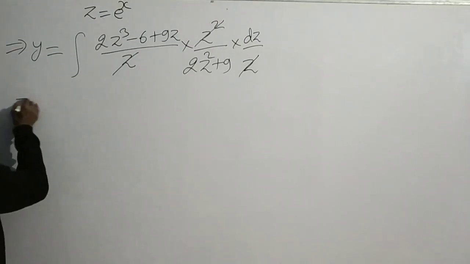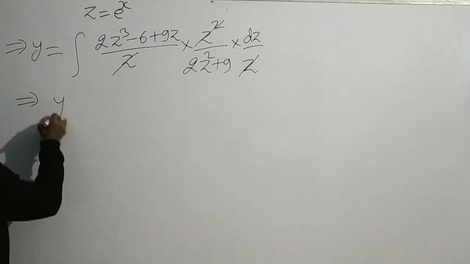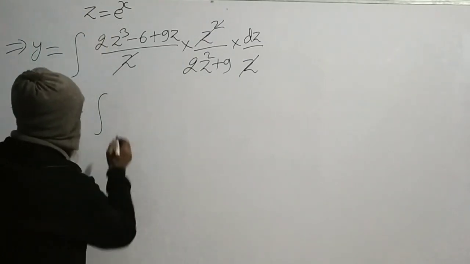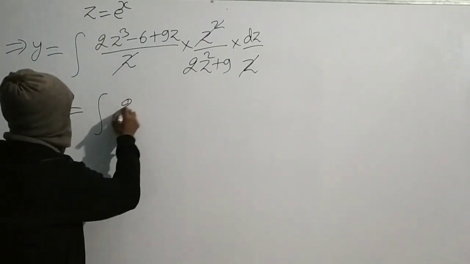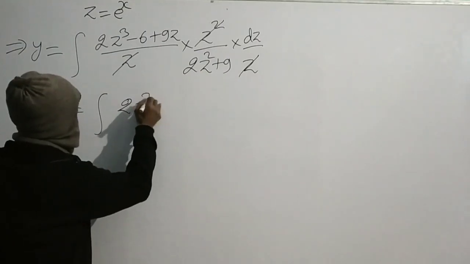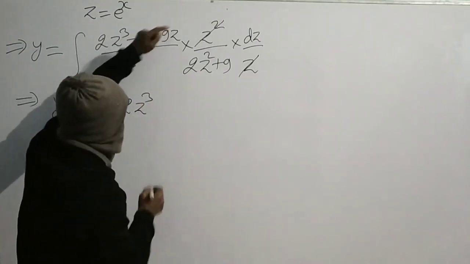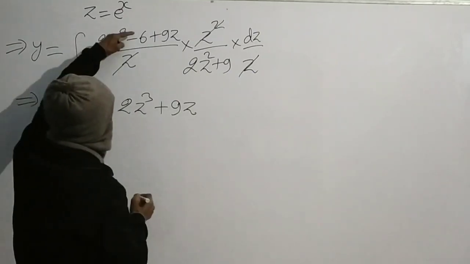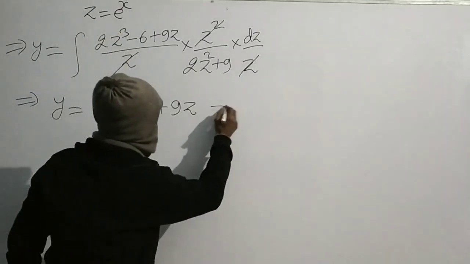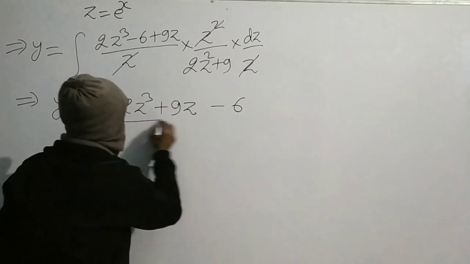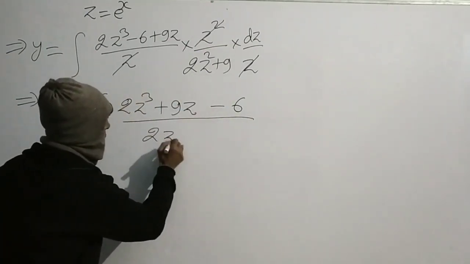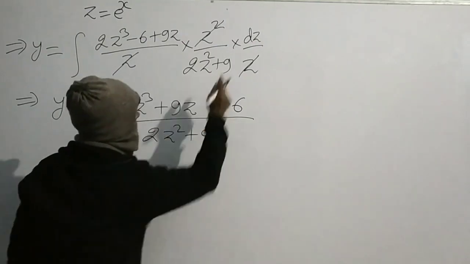This implies y is equal to the integration of 2z cubed plus 9z minus 6 by 2z squared plus 9, dz.